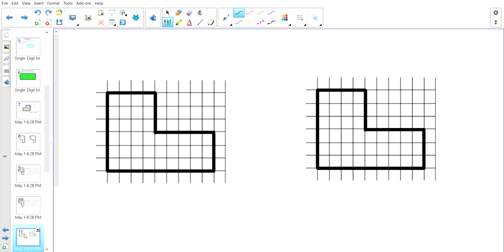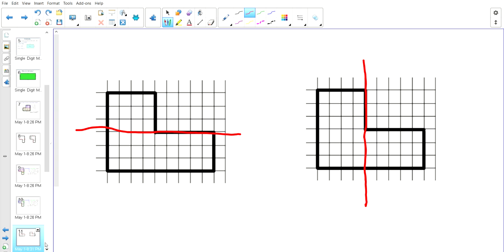I bet, third grade, that one way you thought of is that we could split it horizontally, like this, with a smaller rectangle on top and a larger rectangle on the bottom. I'll bet that you also thought we could split it vertically, with a larger rectangle on the left and a shorter, smaller rectangle on the right.